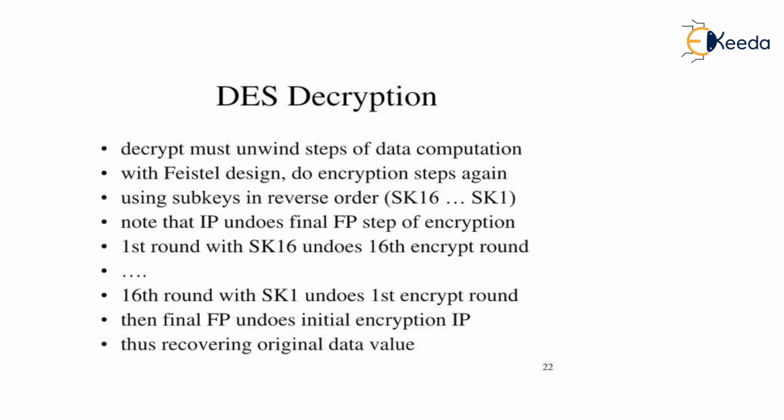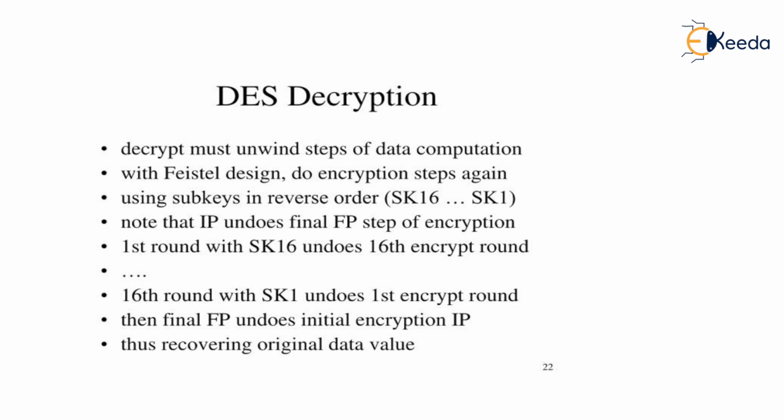This is a bit confusing, but just keep in mind that during the undoing of the encryption process, we use the subkeys in the reverse order. The subkey used for the 16th round will be used for the first round of the decryption process.